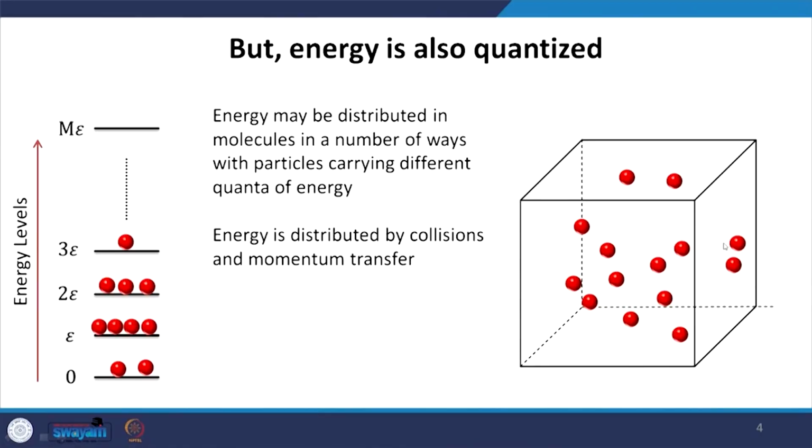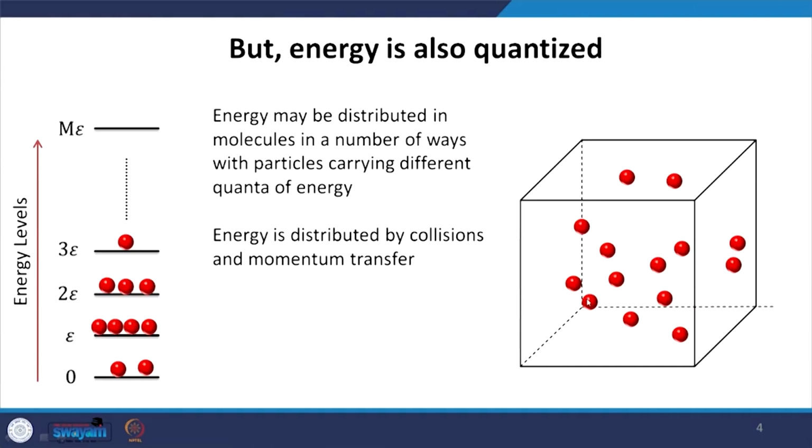Now if I look at this particular system of molecules, as you may imagine, different molecules have different kinetic energy in classical mechanics. In quantum mechanics, it corresponds to different energies or different numbers of quanta of energy.